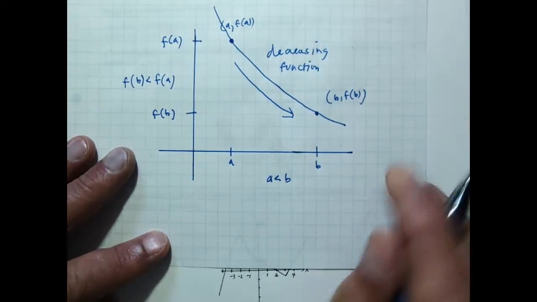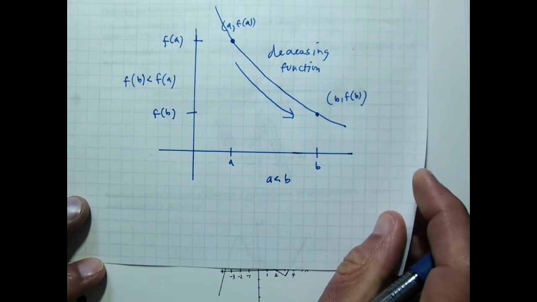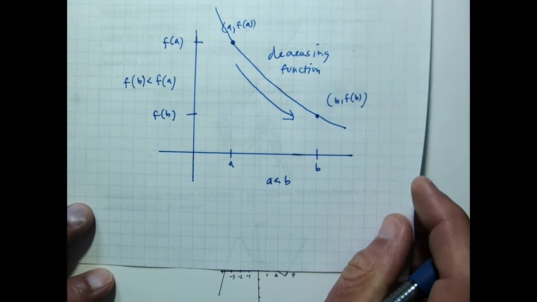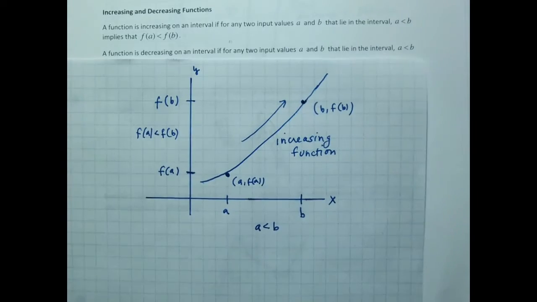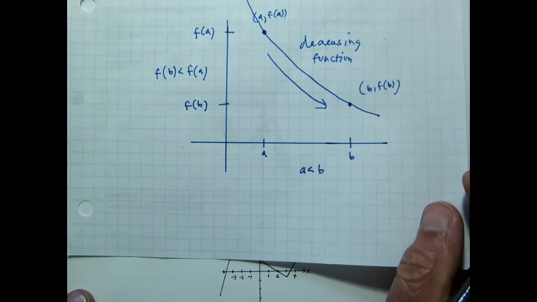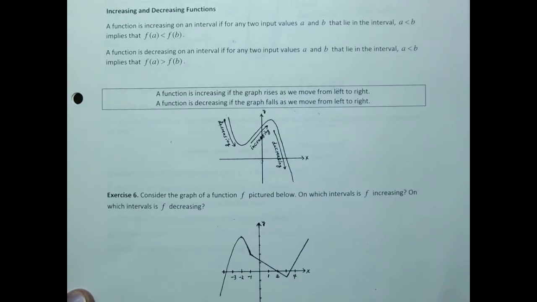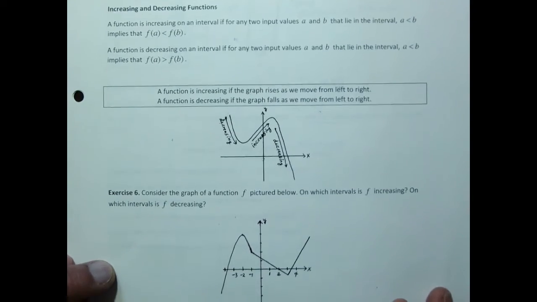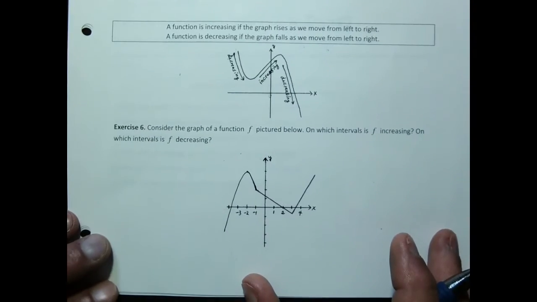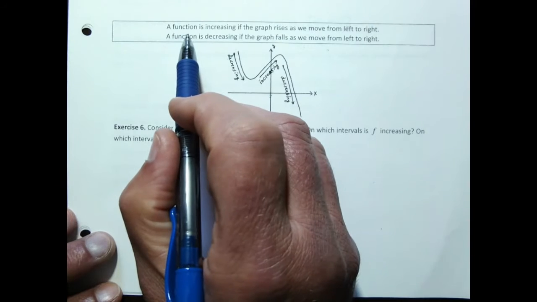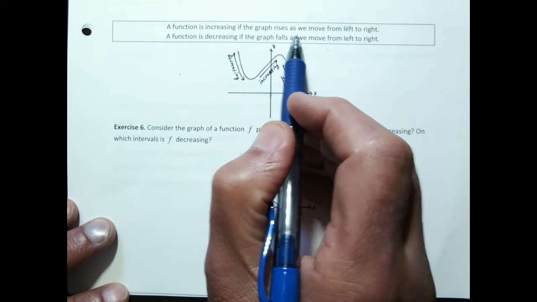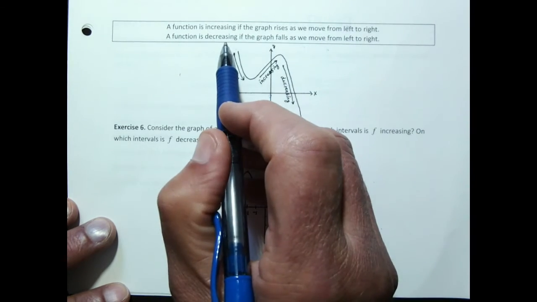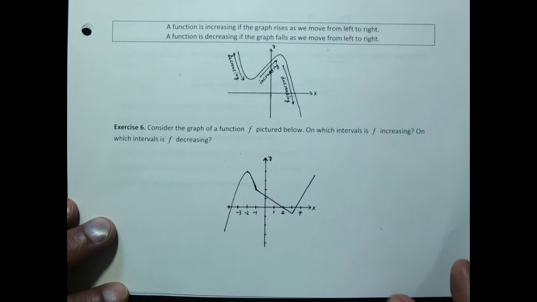So that's the technical difference between this increasing, decreasing business. Here's increasing, here's decreasing, as always as we move from left to right. Again, the easy way to think about it, really all you have to know is that a function is increasing if the graph rises as we move from left to right, decreasing if the graph falls as we move from left to right.